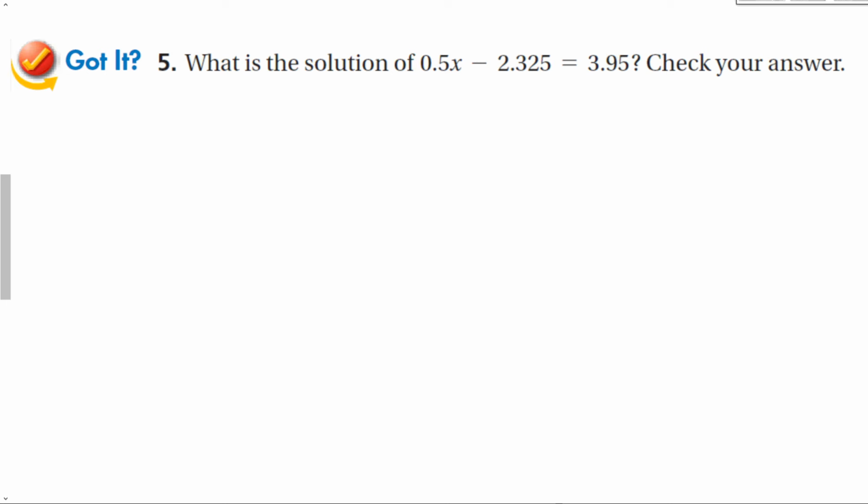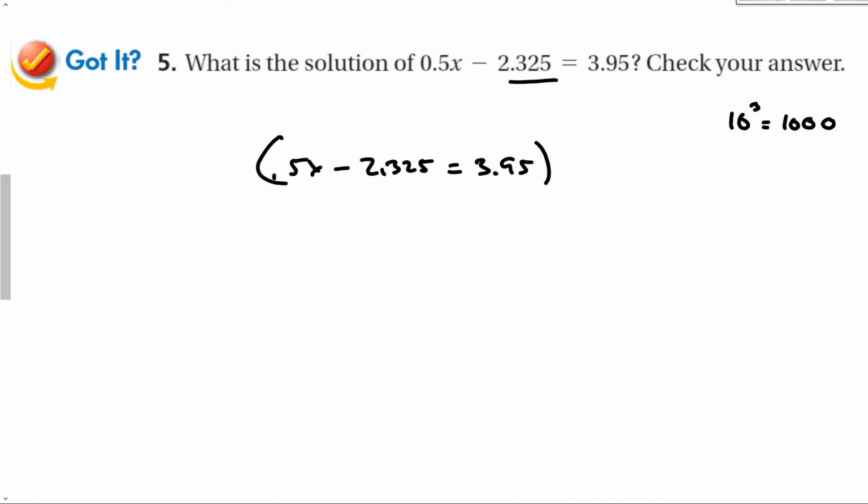So again, I look to see how many decimal places there are. Well, this one has 3 numbers behind the decimal point, so my best thing to do is to multiply everything by 1,000. So I'm going to take 0.5x minus 2.325 equals 3.95, and I'm going to multiply this whole equation by 1,000.